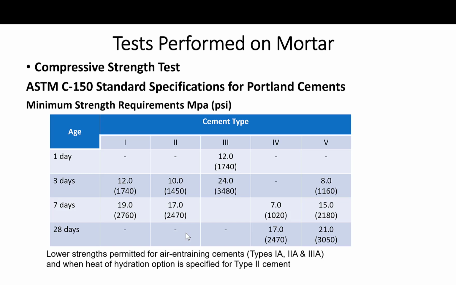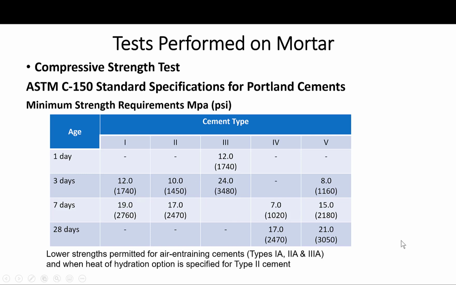Okay, here are the strength requirements for different types of cements per ASTM. This is the Portland cement C150, standard specifications for Portland cement. These are the minimum strength requirements reported in megapascals and in PSI in parentheses.